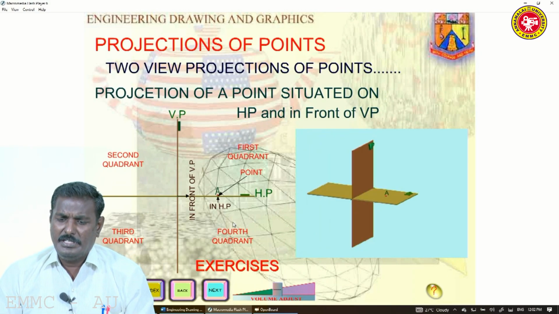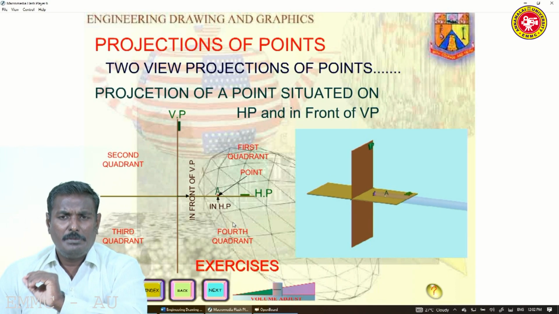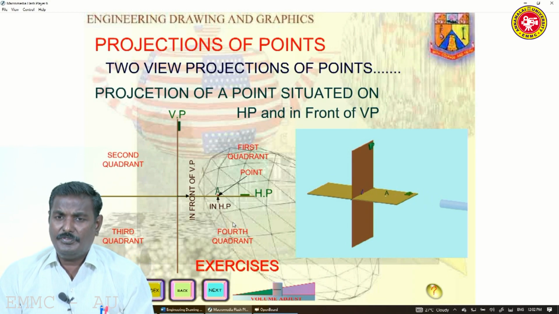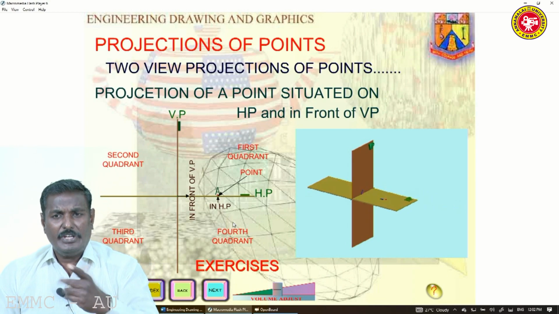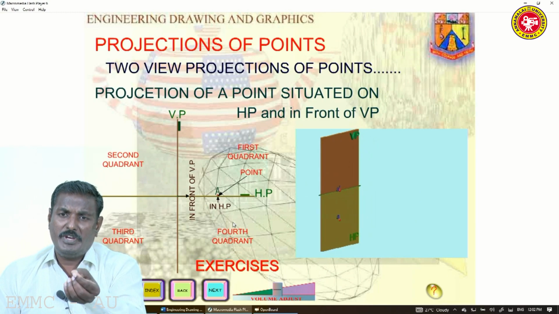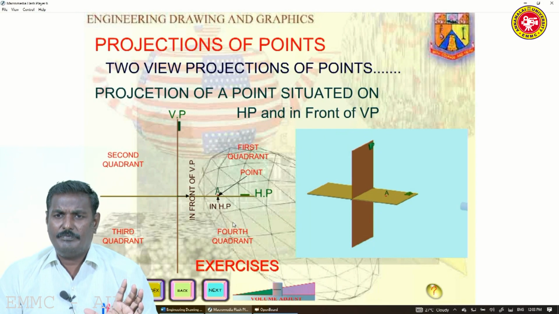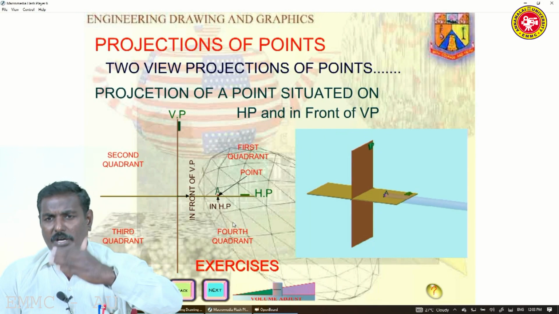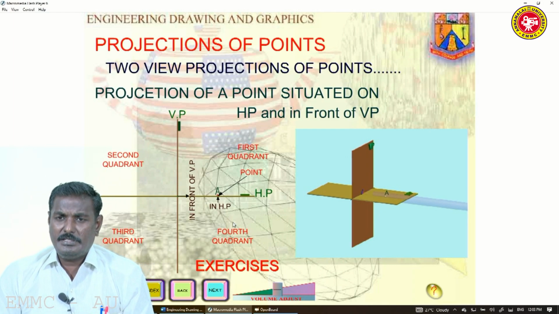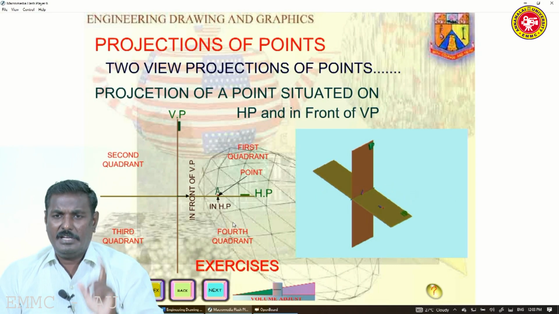The other views may vary, it depends. Here it should be in HP and in front of VP, but it may represent either first angle or fourth angle, because we cannot say, as the point is positioned exactly in the horizontal plane. So the elevation should be on the reference line.